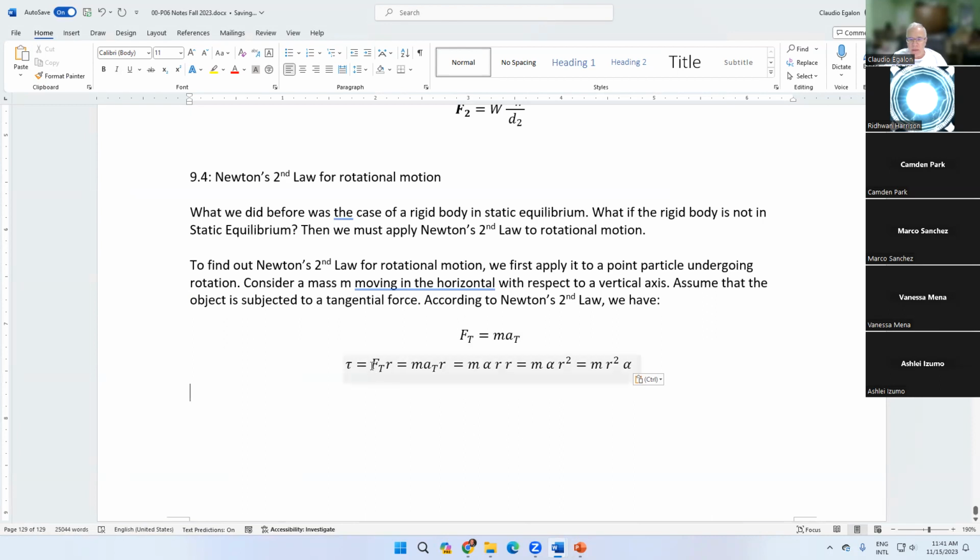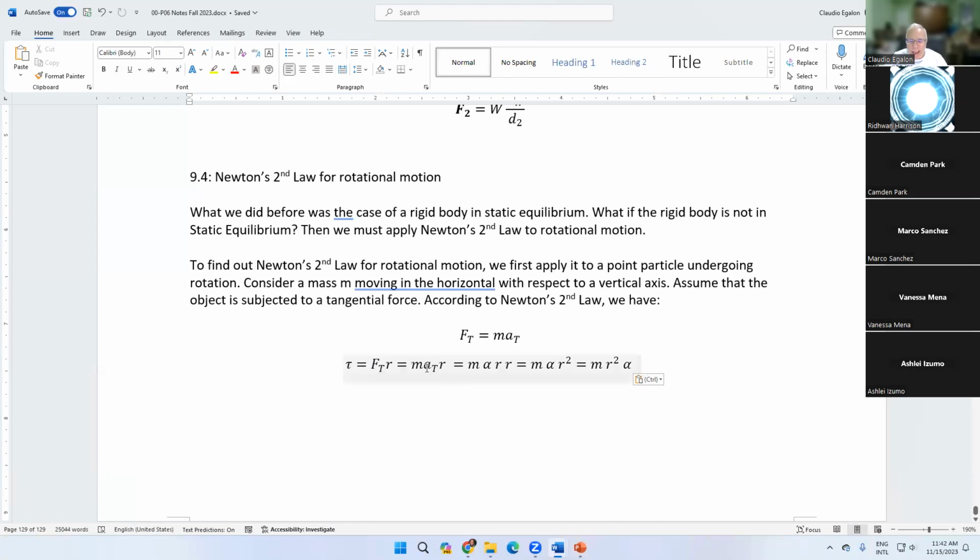The torque is going to be the tangential force that's producing the torque times the radial distance of that infinitesimal point mass. We substitute the tangential force equation right in here, we get something like that.